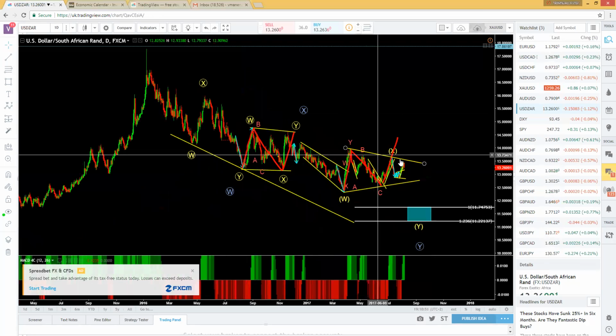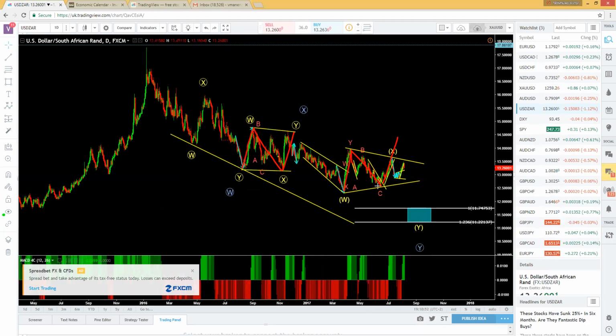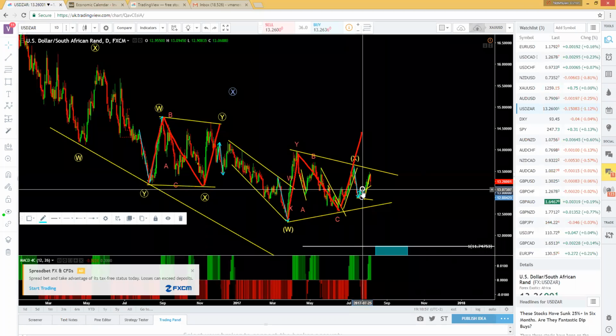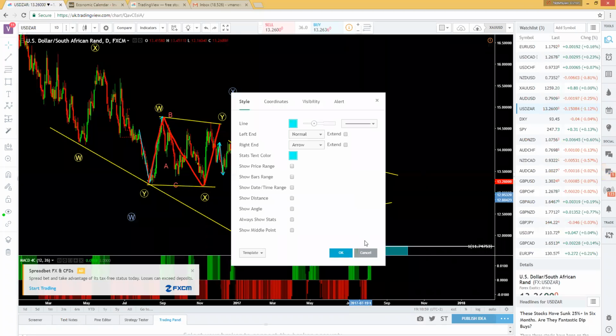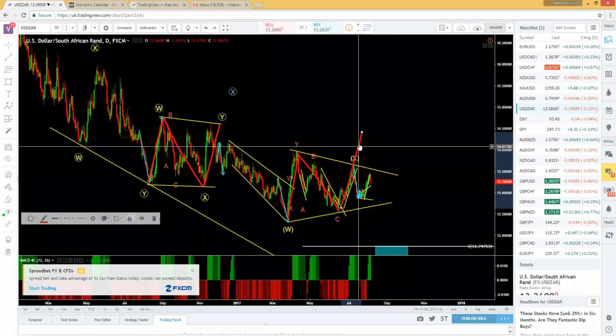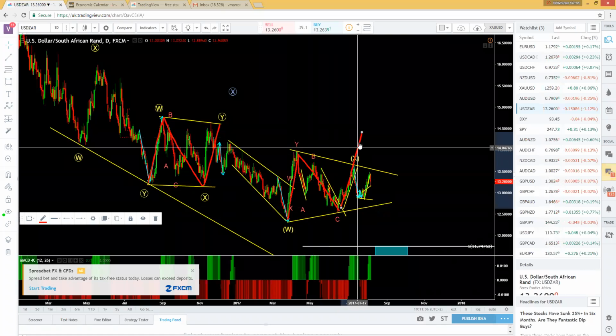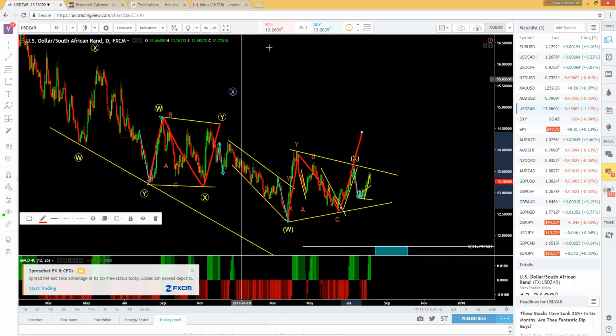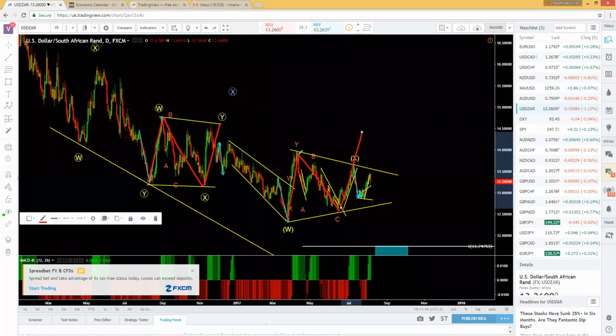So that is what we're looking at, the ZAR, US dollar ZAR. Let me clean it up a bit. I would not be surprised if it does this and completes this move, which breaks this top. I would not be surprised, but that's the move that could possibly happen.